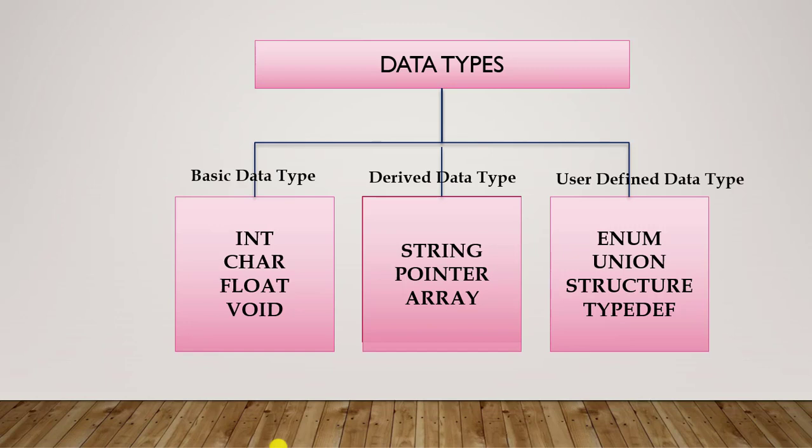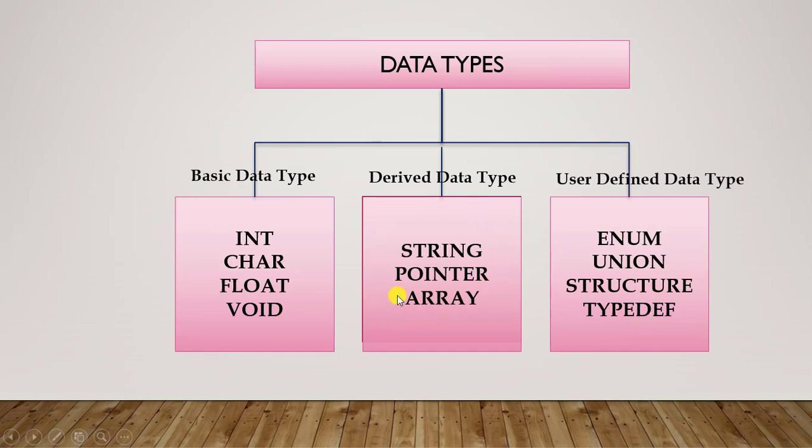Derived data types are string, pointers and arrays. Whereas the user defined data type, as the name itself says, means that the user, us, the programmer, is the one who is going to declare this type of data. So they have enum, union, structures and typedef.